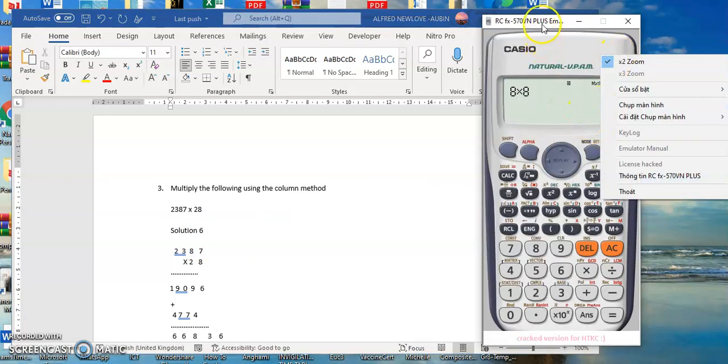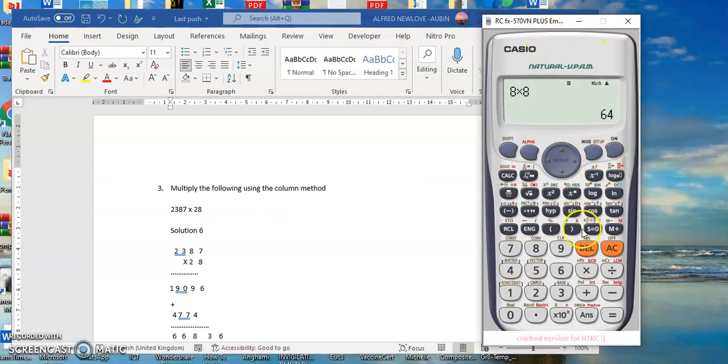Then the next thing you need to do is 8 times 3. So 8 times 3 gives us 24. Carry 6, so plus 6, which is going to give us 30. So you write the 0 here.